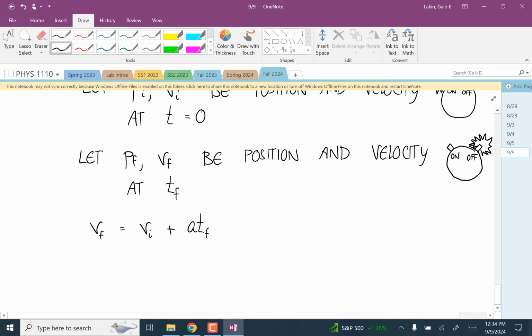The second equation says P final is equal to P initial plus V initial times T final plus 1/2 times A times T final squared.